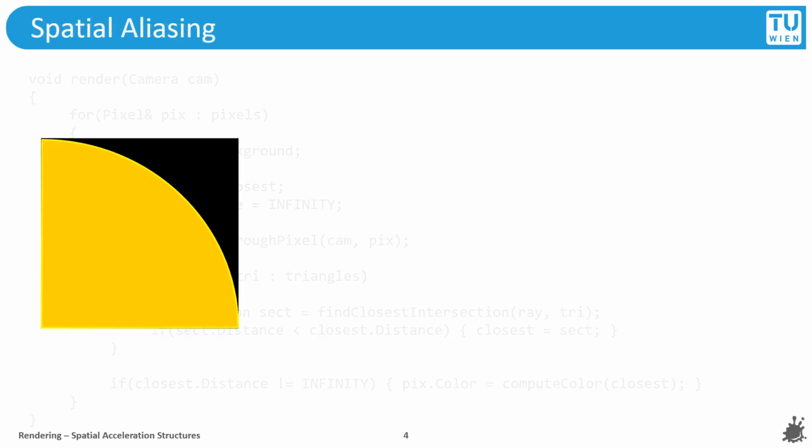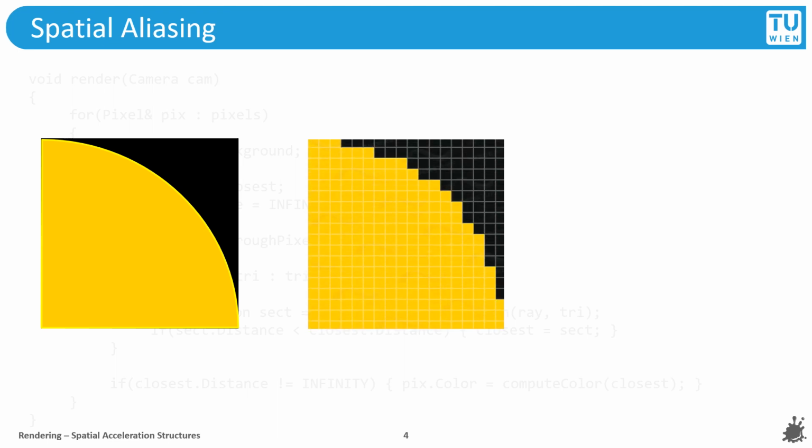So let's consider, for instance, the scene on the left-hand side, which is a quarter of a yellow circle on black background. And of course, the outline of the circle is completely smooth. However, if you were to render it with the algorithm that we showed previously, you would probably end up with something like this. And this is due to the fact that there are only so many pixels we can afford to put into our image. And for every pixel in the current algorithm, there's only a single ray being shot into the scene.